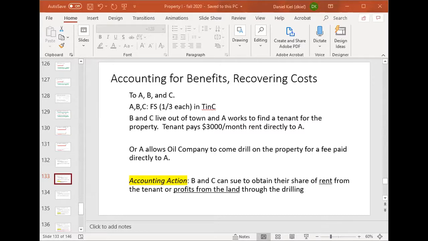The farming example seems to have A doing a little more labor, so we might have to disentangle that, and it becomes complicated. I want y'all to hear me say that, but not worry too much about it. That's what you would have to do if there was an entanglement of the labor.